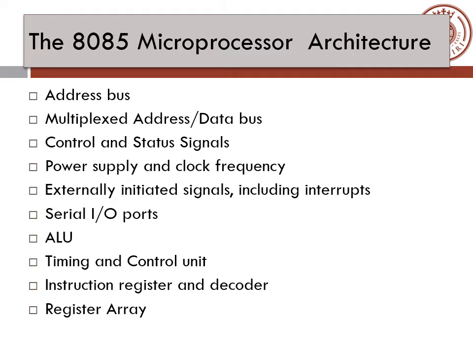Serial IO ports are the serial input and serial output. We are seeing the ALU, 8-bit ALU. You are having the timing and control unit, which provides the necessary synchronization and control signals. You are having the instruction register and decoder, where the instruction is stored and decoded, and you are having a register array.